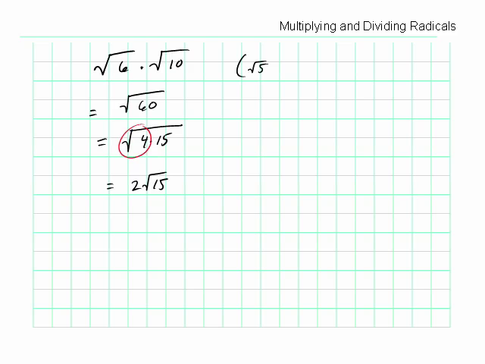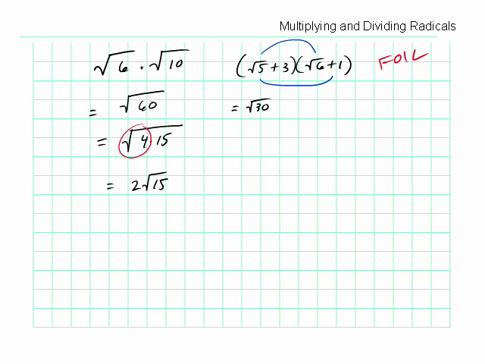Square root 5 plus 3 times square root 6 plus 1. To multiply this together, I can use the FOIL method. FOIL this out. Square root 5 times square root 6, that's the square root of 30. 5 times 6, 30. Square root 30.